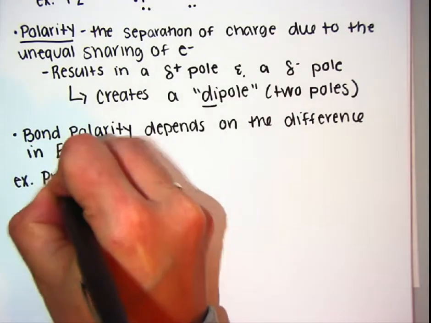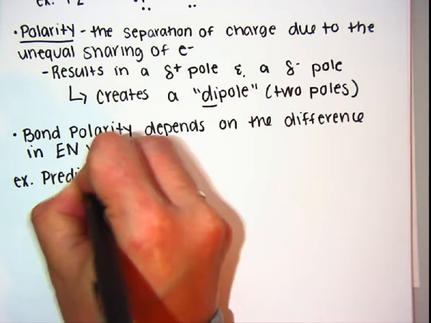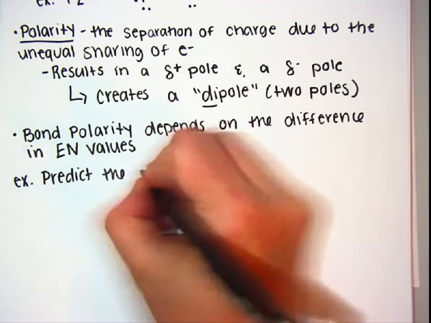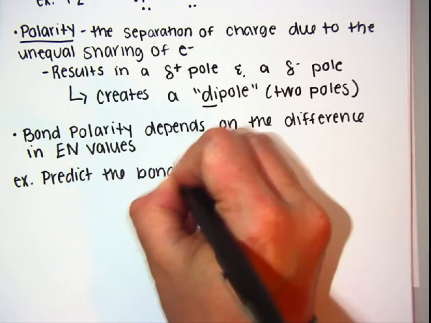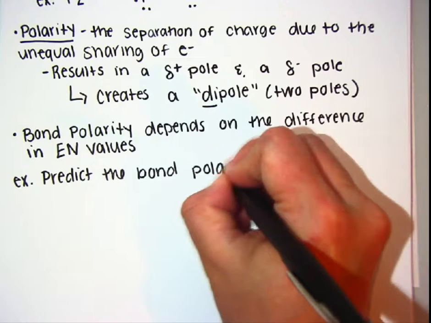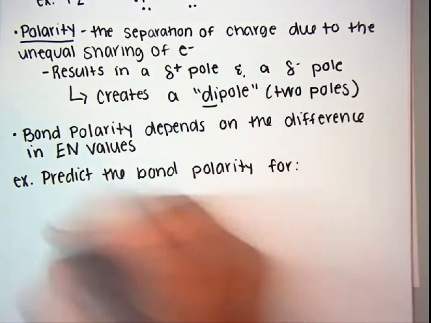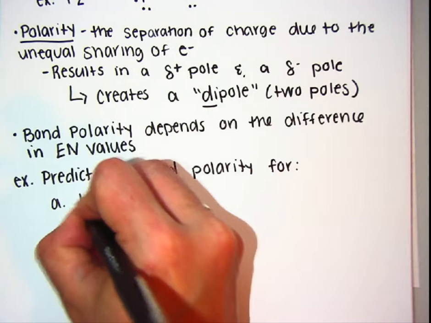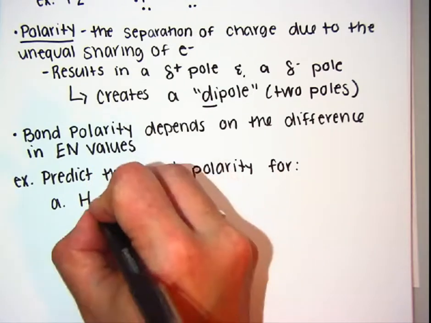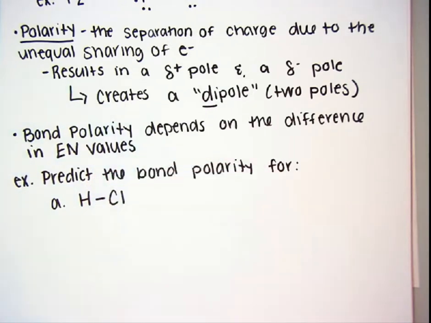Let's say you were asked to predict the bond polarity for, first one, the bond between hydrogen and chlorine.